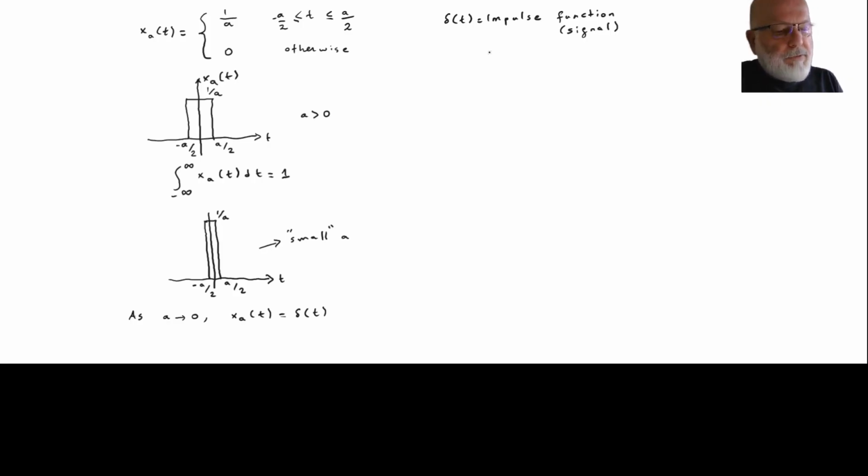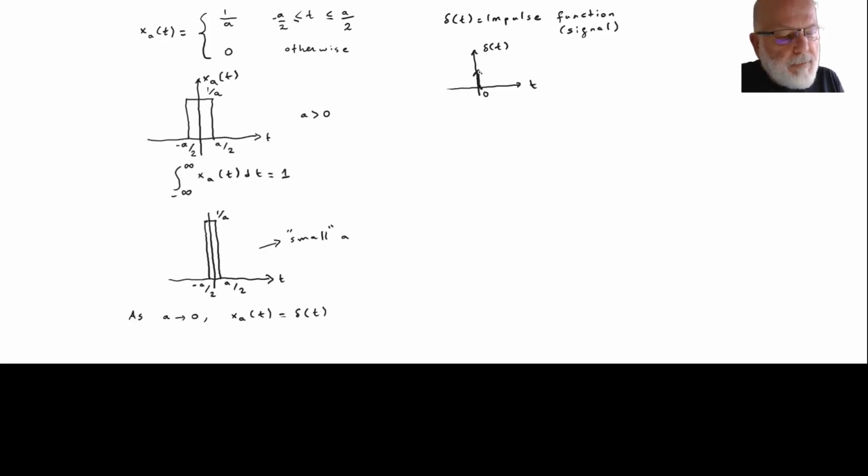Now, the graphical representation for the impulse is as follows. The impulse signal delta of t is denoted by such an arrow just to show that it tends to infinity at t equal to 0. So this is the t equal to 0 point on the horizontal axis.